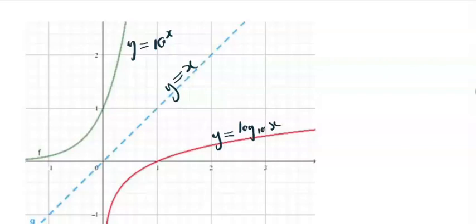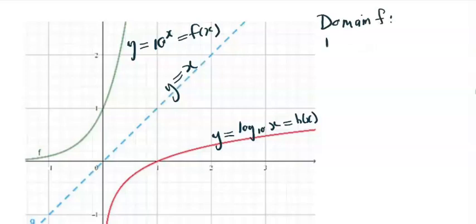First of all, if I look here, this is also f of x. You will notice here we have a small f, and this is also h of x. If I write down the domain of f, we get all real numbers.